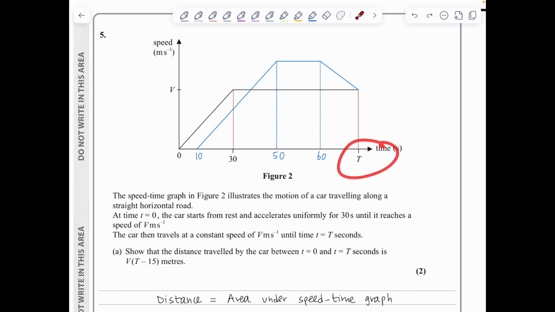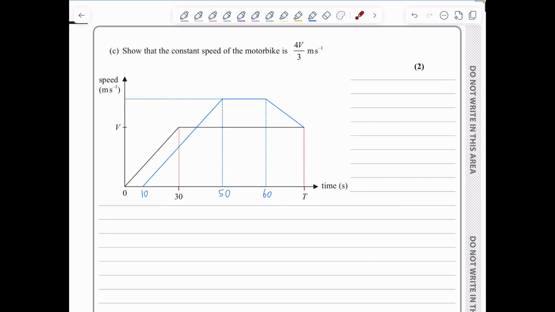time is capital T. We're then asked to show that the constant speed of the motorbike is 4 capital V over 3, so I will call this speed here V underscore M, and I will be using the fact that these two lines here have the same gradient, they are parallel, so the gradient of this line is given by capital V over 30, and this is equal to the gradient of the other line, which is capital V underscore M over 40, because the run here is 40 from 10 up to 50.